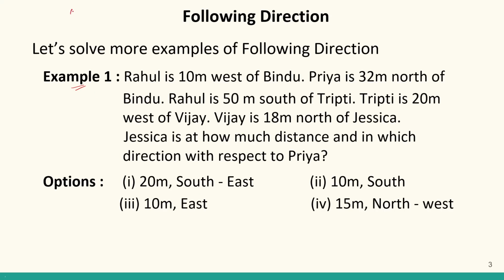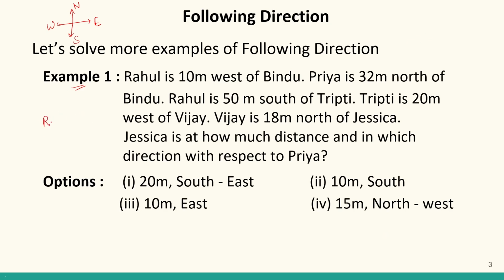For your reference, I am drawing the simple chart of north, south, east and west. Now, Rahul is 10 meter west of Bindu. So I'll use this space to draw the diagram, or this space, okay?